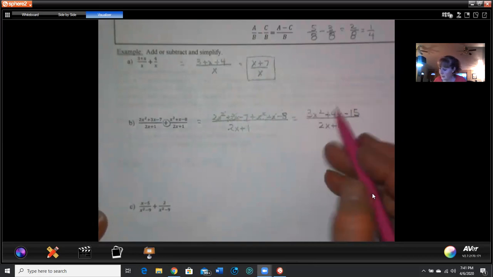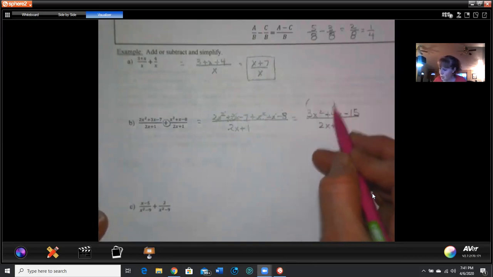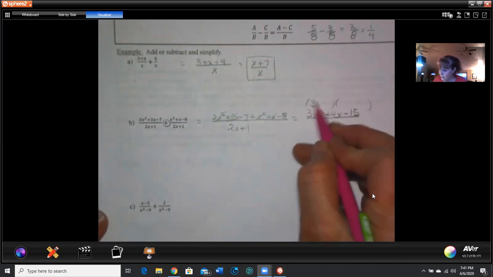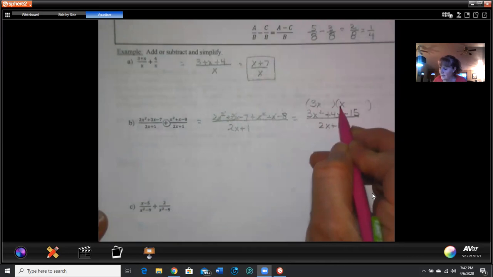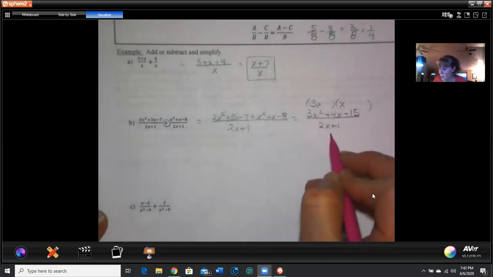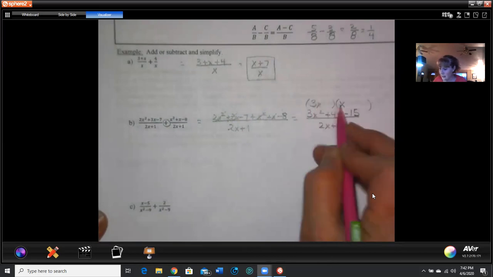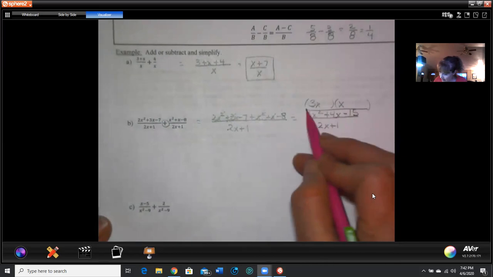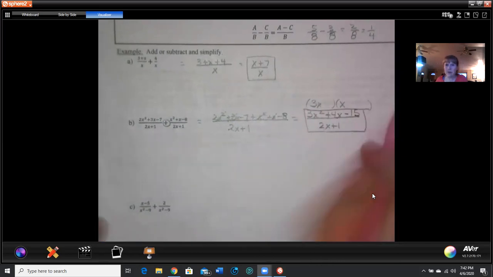And here in this case, we know it could never reduce because I have a 3x times an x gives me 3x squared. I automatically know I don't have that 2x in either spot. So this means you're done. It cannot be reduced.